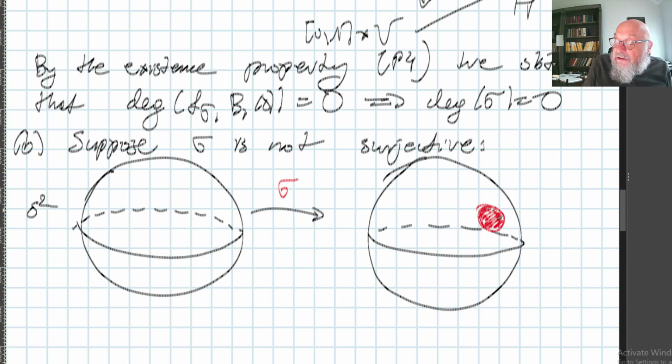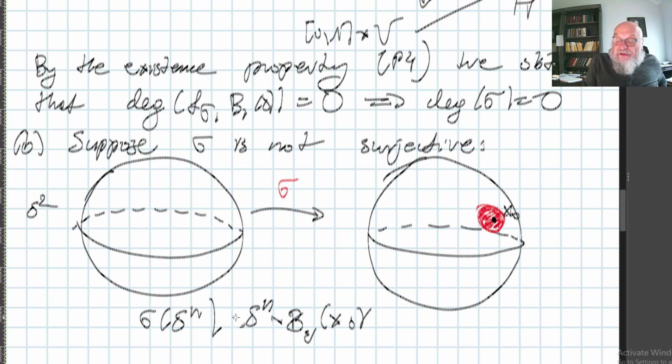The image is here, so that means Sn minus a small ball, of a radius epsilon at a certain point x naught, and this one contains sigma of Sn. Because it's not surjective and the image is compact, there is a small ball around a certain point such that it does not belong to the image. So that means we have here such a situation.